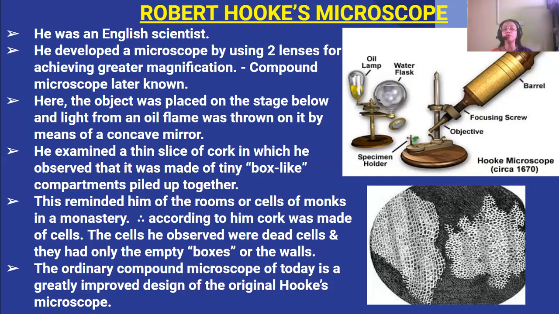Here the object was placed on the stage below, and light from an oil lamp was thrown on it by means of a concave mirror. See, his microscope is like this. You can see from the picture that there's a base where the object was placed, and there was an oil lamp. The oil lamp made light fall on the concave mirror, which reflected it.